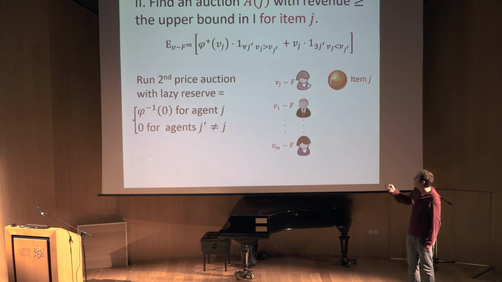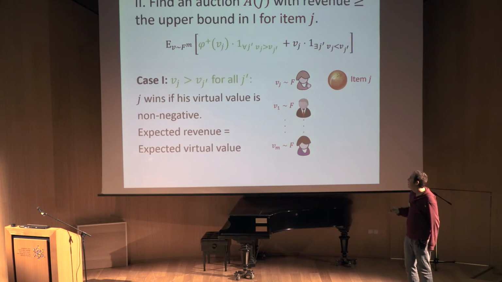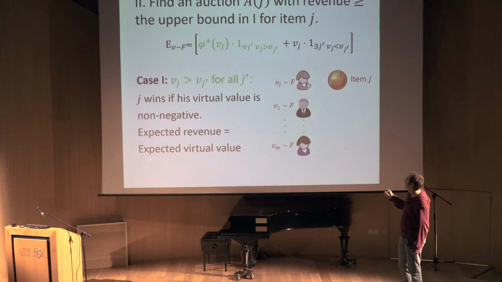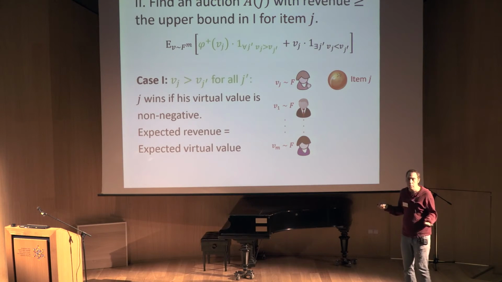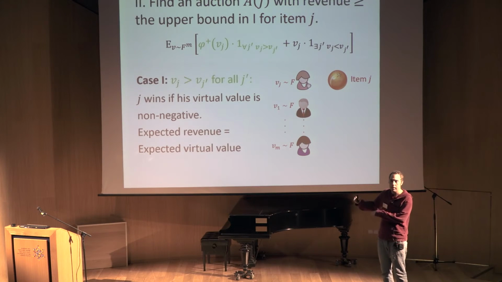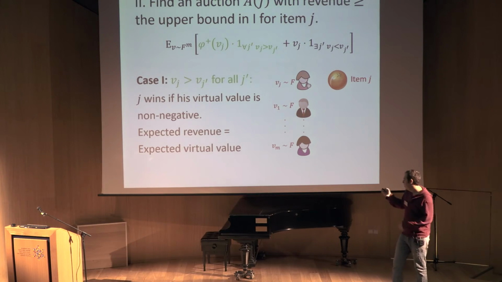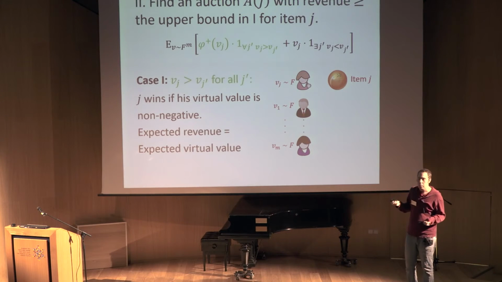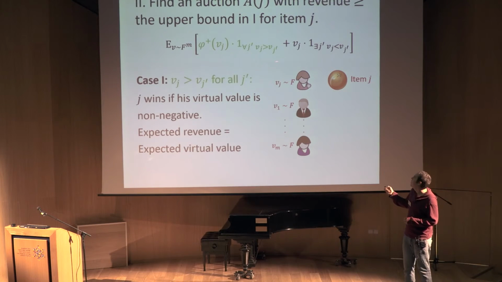Okay, so let's look at the auction and let's split into cases. The first case is that agent J has the highest value out of all agents. In this case, he wins only if he passes the reserve, which means his virtual value is non-negative. And we use the equivalence between the revenue of an agent and the expected virtual value to say that in the case that agent J is the highest agent, we get this term of the upper bound.